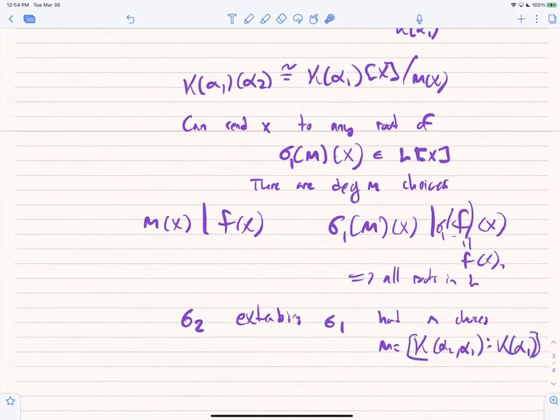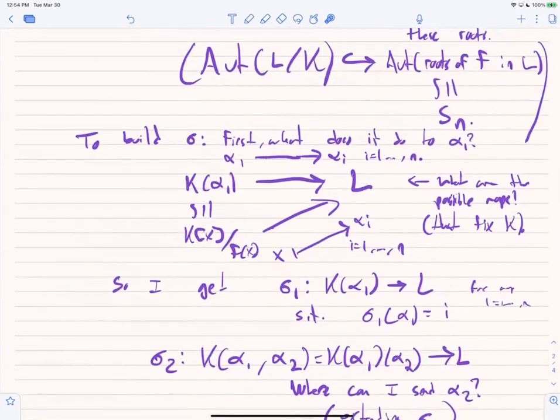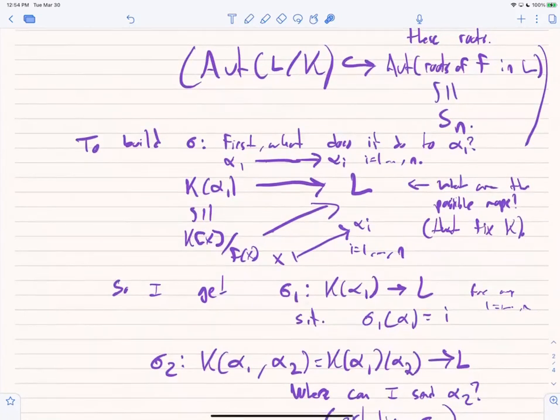So the point is, the number of options I have for extending, let me go back. First we built this sigma 1. And we know the degree of K(alpha 1) over K was the degree of F, and we had degree of F choices for sigma 1. We could send alpha 1 to any of these other roots. Here I'm really doing the separable case.